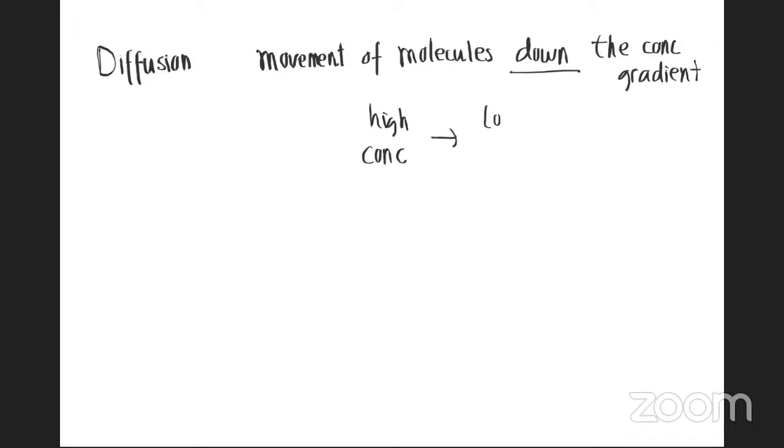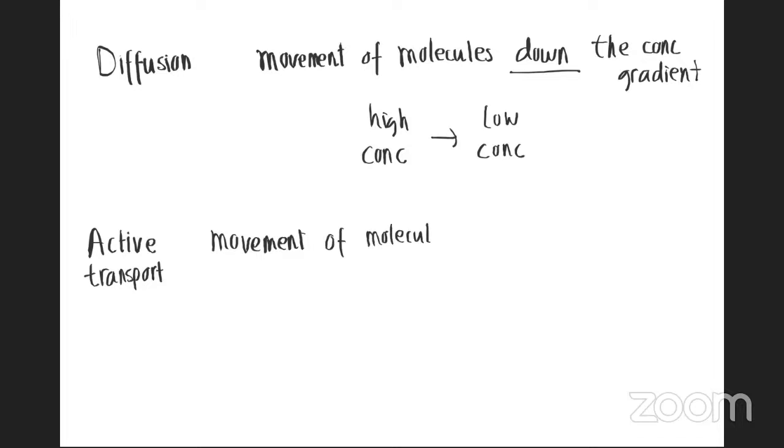This is the first difference. Active transport is the movement of molecules against the concentration gradient.